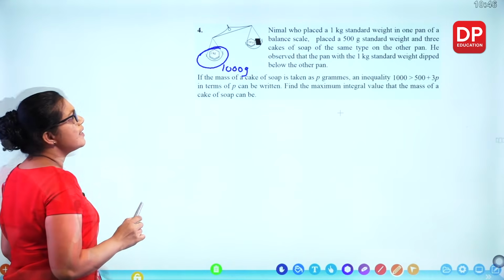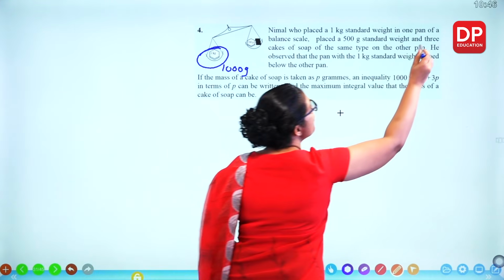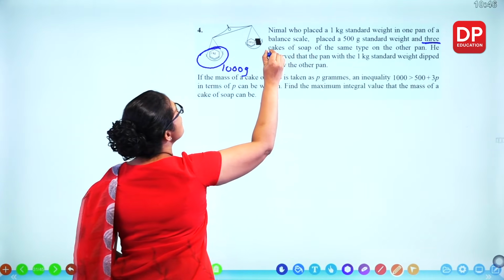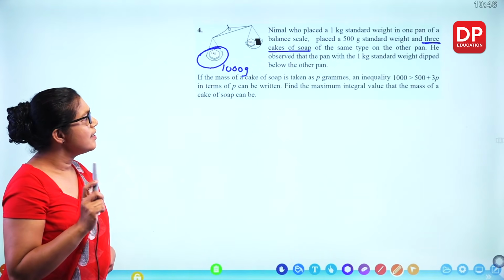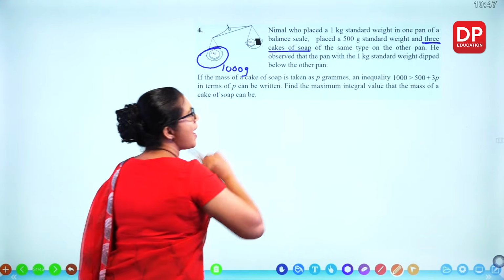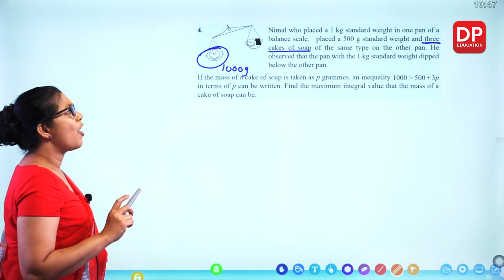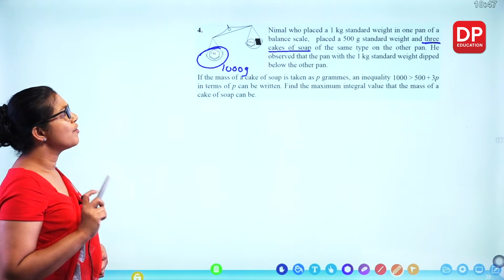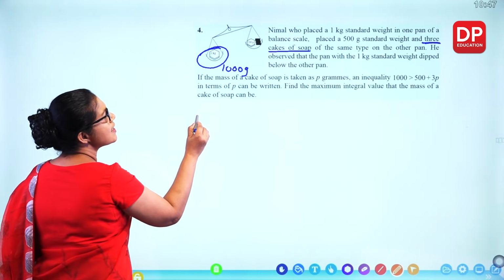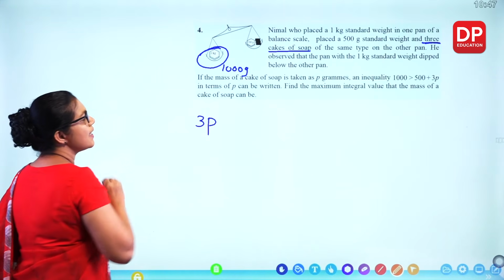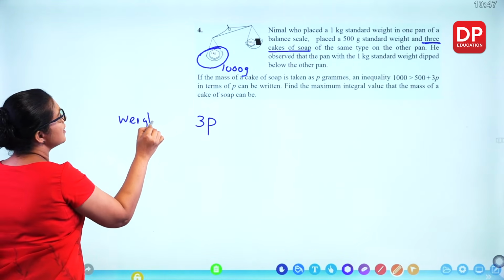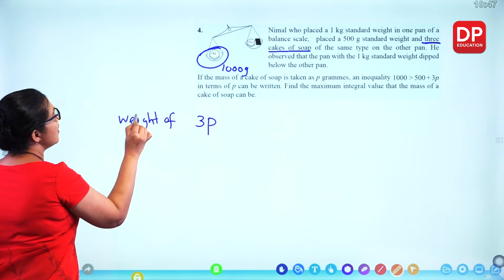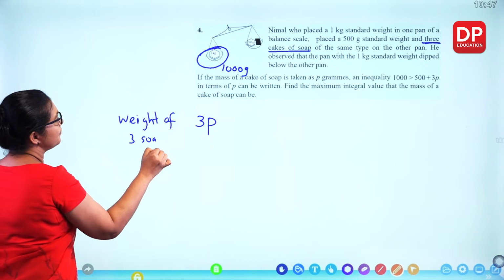What about this one? In this question it says 3 cakes of soap here. So 1 soap is P grams. How about 3 cakes of soap? That's 3P. That's the weight of 3 soaps.